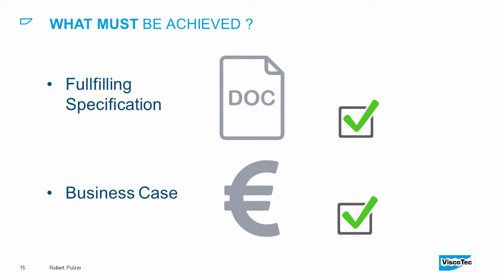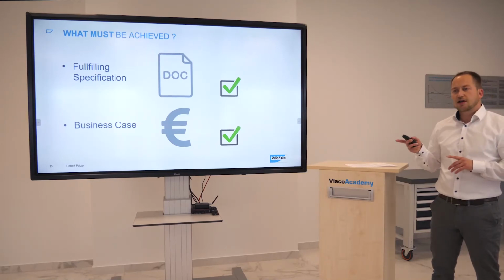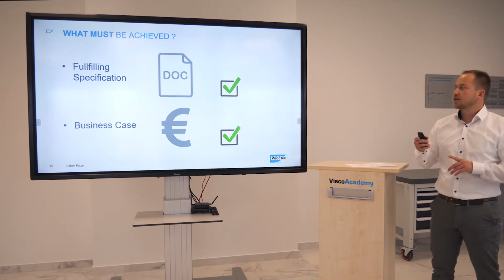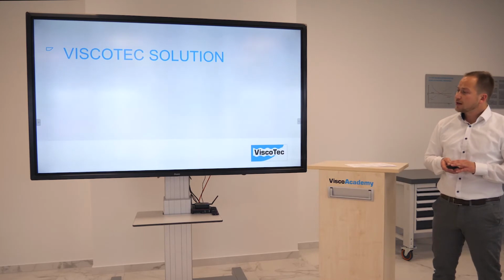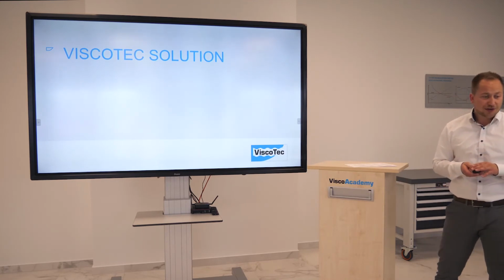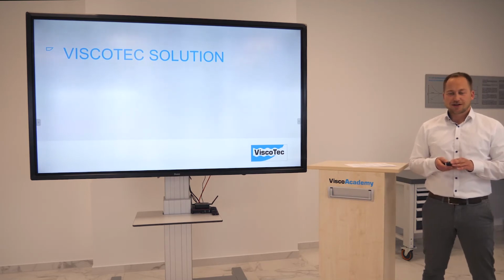Even if you are faster or have a higher quality, if there is no business case, it's really difficult. And during the last years, we had some very successful projects, and they are successful when you have both arguments.